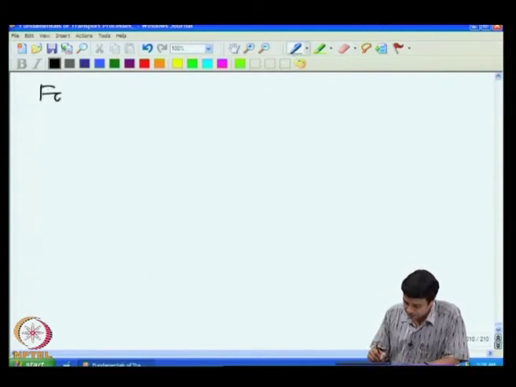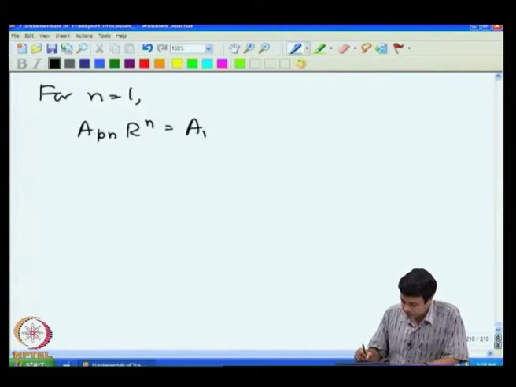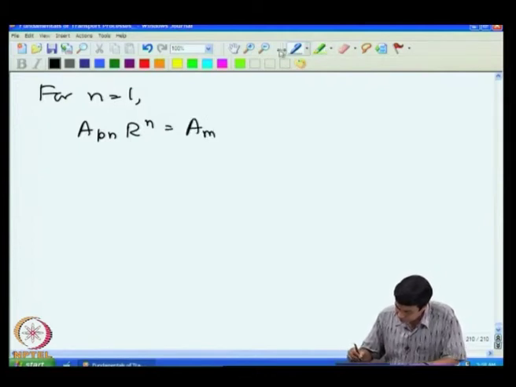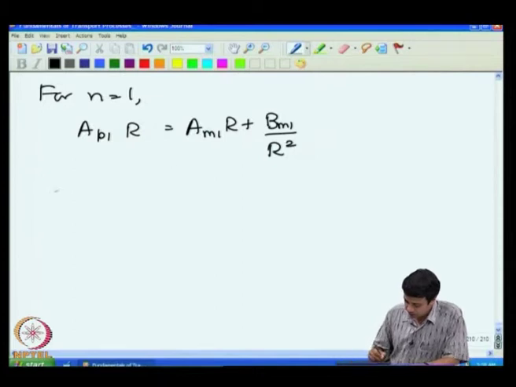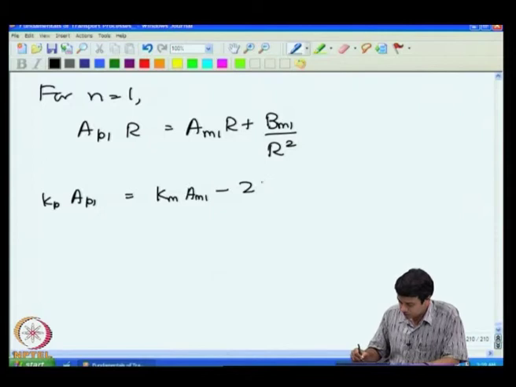So, for n equal to 1, A_p1 r is equal to A_m1 r plus B_m1 by r squared, and K_p A_p1 is equal to K_m (A_m1 minus 2 B_m1 by r cubed).